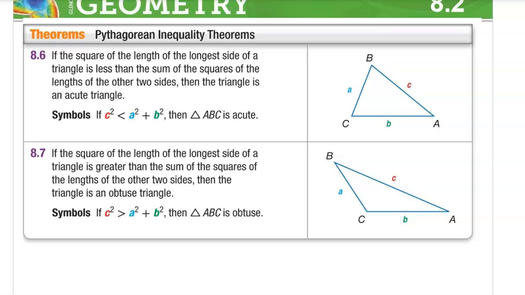The last part of this is checking whether something is an acute triangle, obtuse triangle, or a right triangle. We talked about this before: if a squared plus b squared equals c squared, then it's a right triangle.